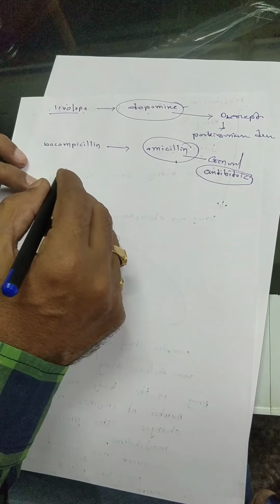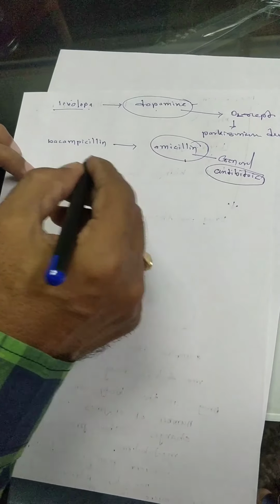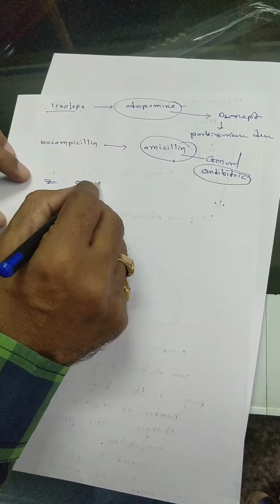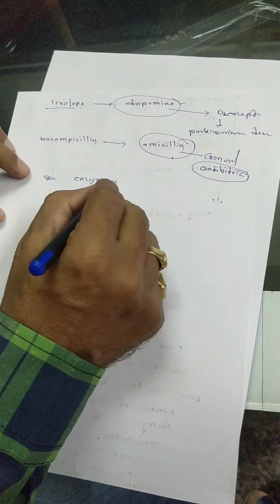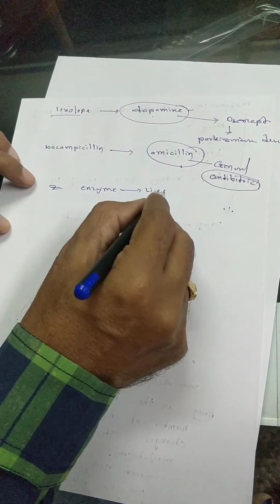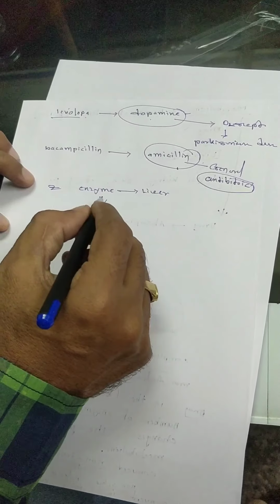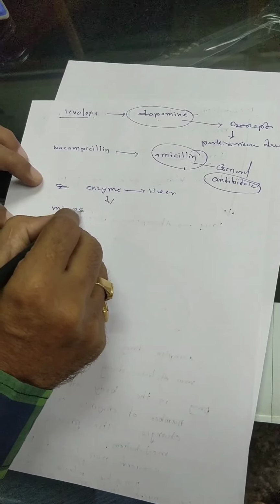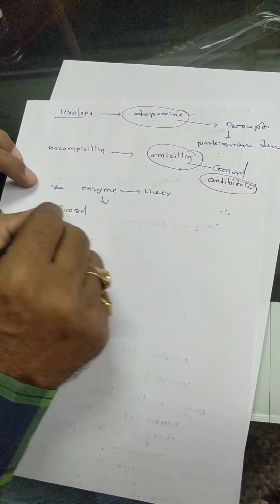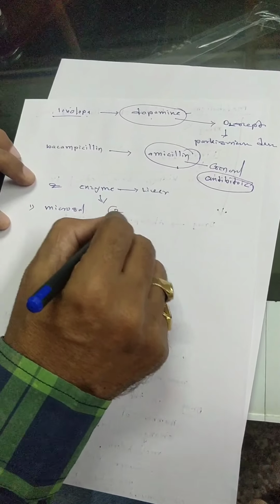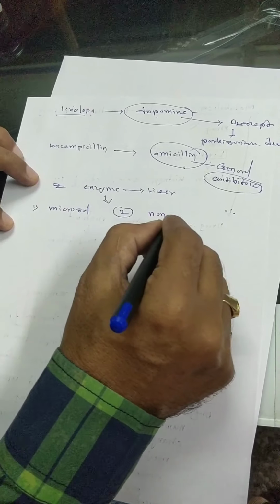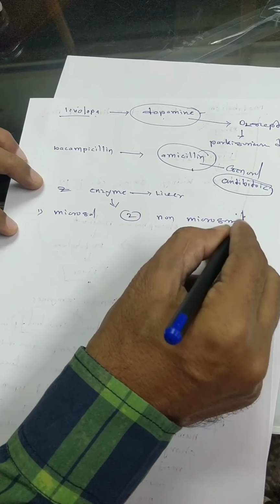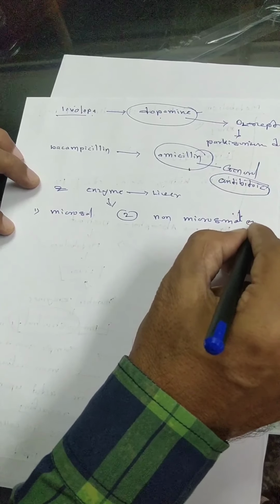The enzymes involved in hepatic metabolism bring about the enzymatic changes. Enzymes act in the liver. Now the enzymes act in the liver as microsomal enzymes, that is one, and the second, non-microsomal enzymes.